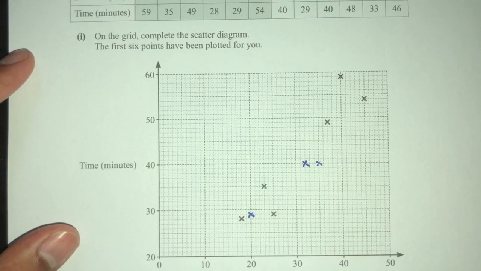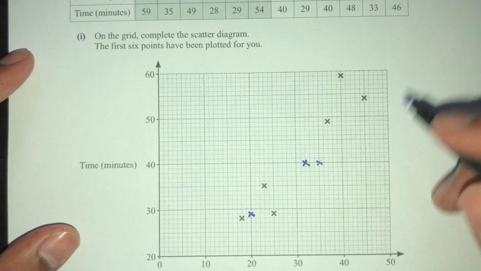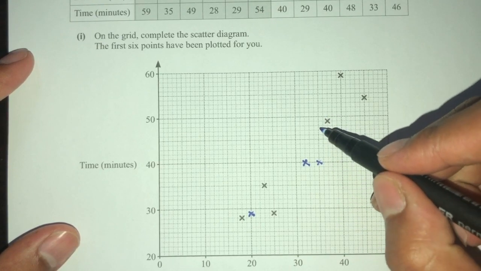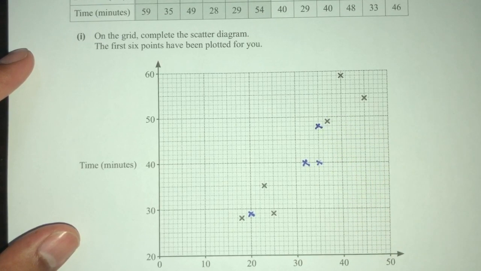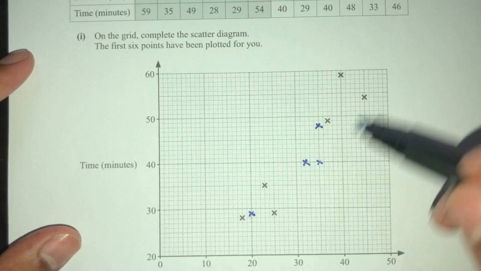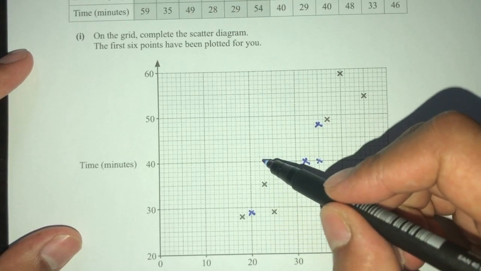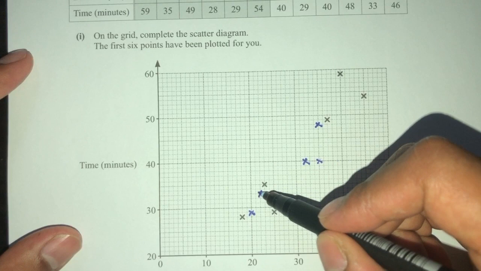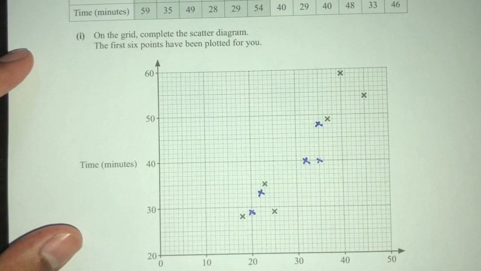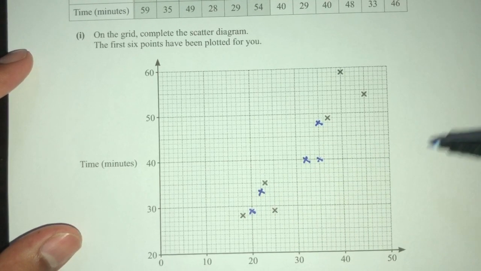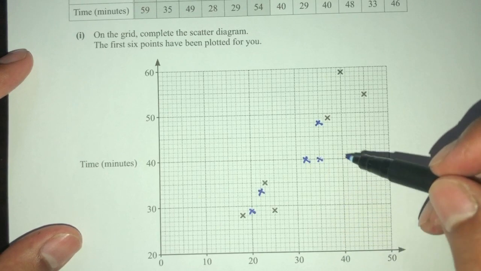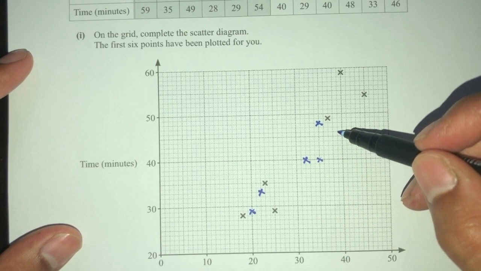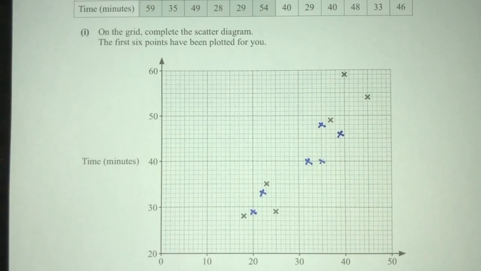There you go. And we have 35, 48, right here. And we have 22, 33, which should be right here. And we have 39, 46, right here. Okay, so now we have all the points.